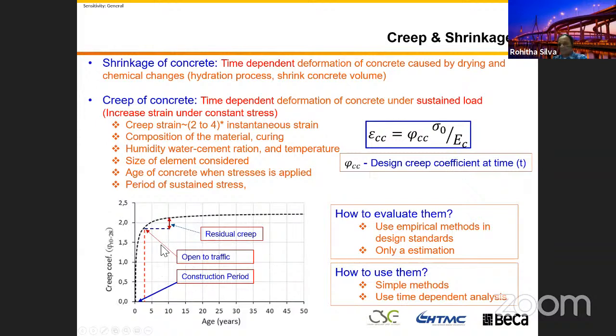You can see over the years, according to the modelling, after certain years, like after 5 years, it hardly changes or increases the creep factor. Like you can see in the first couple of years, it goes from 0 up to 1.5. And then after 5 years, it becomes 2. Then for the rest of the bridge life, it goes up to 2.4.